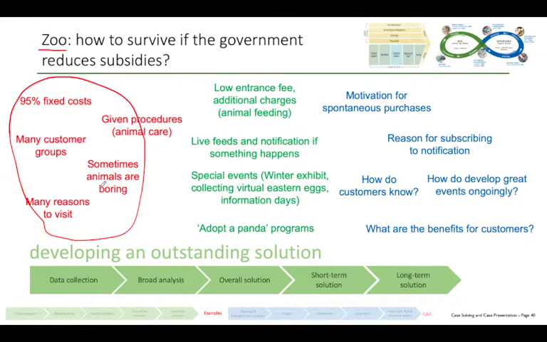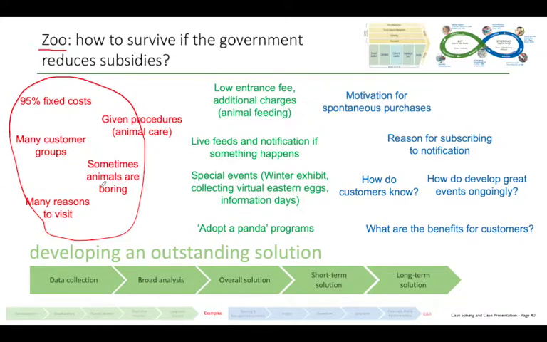Before, I mentioned that a buzzword for a solution is not enough. We have to go deeper and really describe what the details are that are required to make that idea worthwhile and make it work.